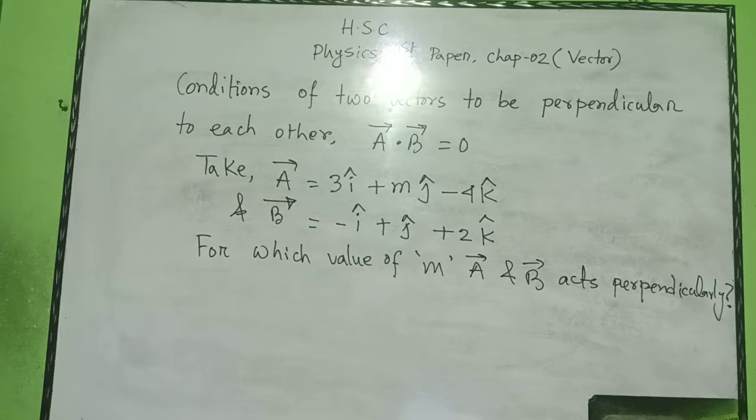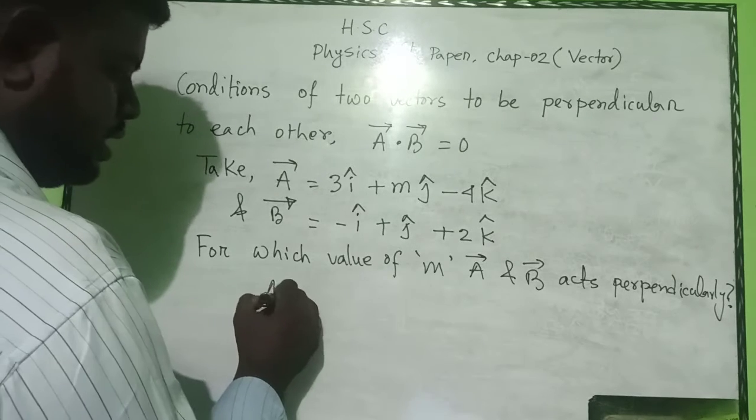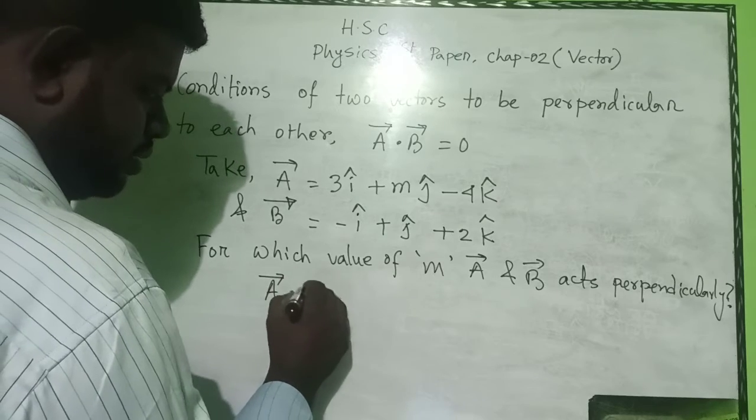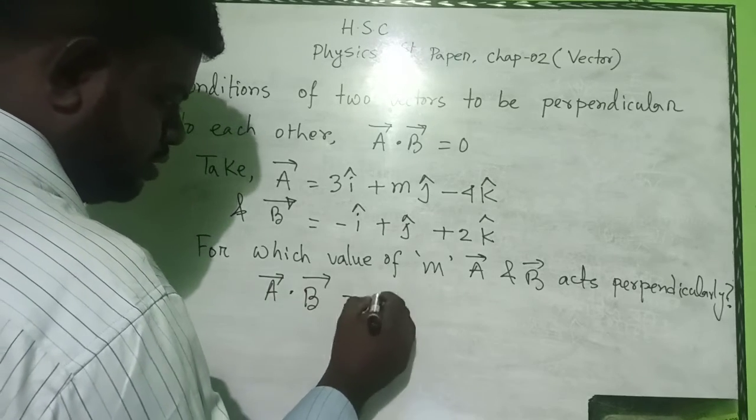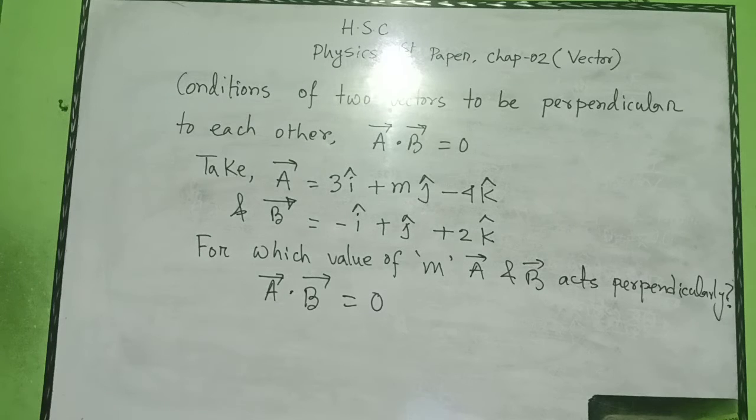So I know that if these two vectors act perpendicularly, in that case A dot B will be equal to 0.